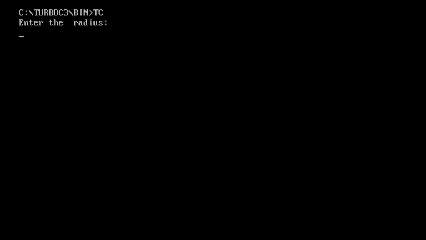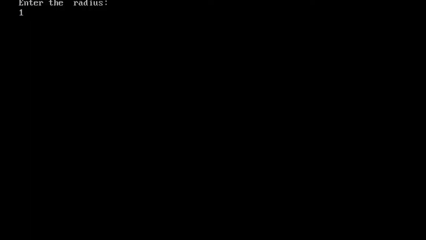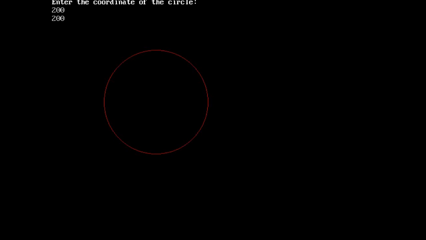Enter the radius. The radius is 100. Enter the coordinates, 200 and 200. So here is the output of the program.